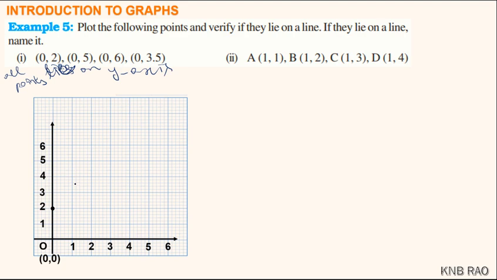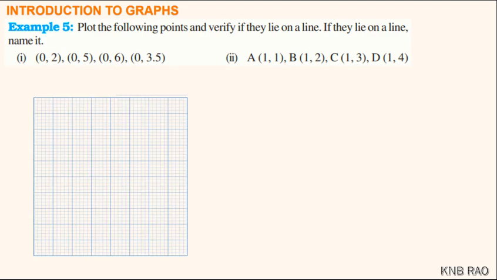So 0 comma 2, 0 comma 5, 0 comma 6 and 0 comma 3.5 all lie on the y axis. I say this is the y axis.